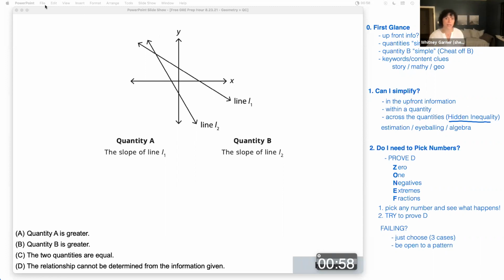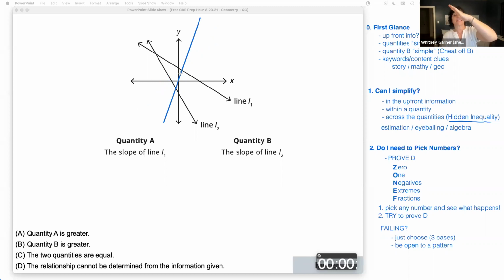All right, so when it comes to slope, slope is by definition the rise over the run. But slopes that are positive are going to go up to the right. The steeper, the more positive. So think about it a little bit kind of like a sundial. The steeper the line, the more positive it is.